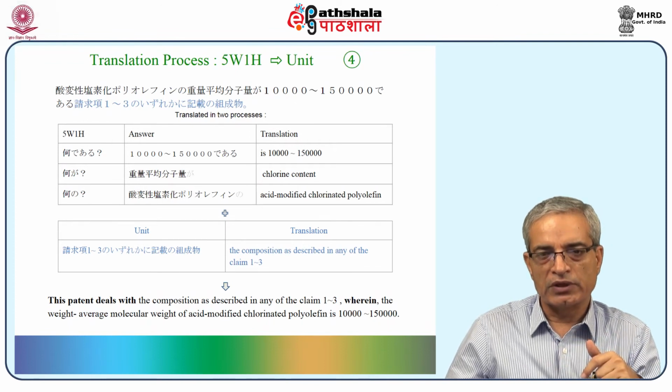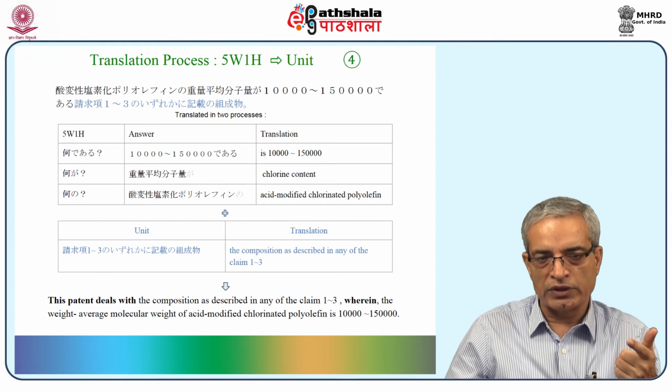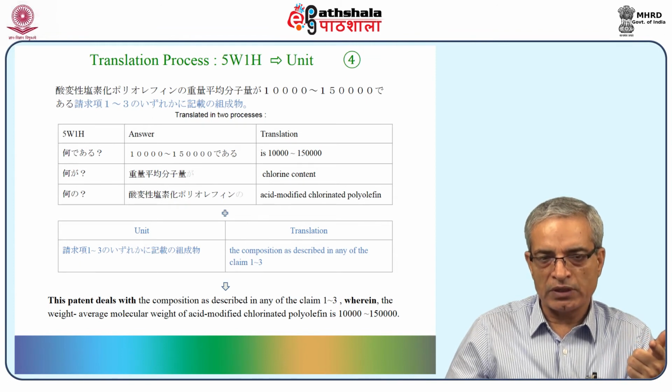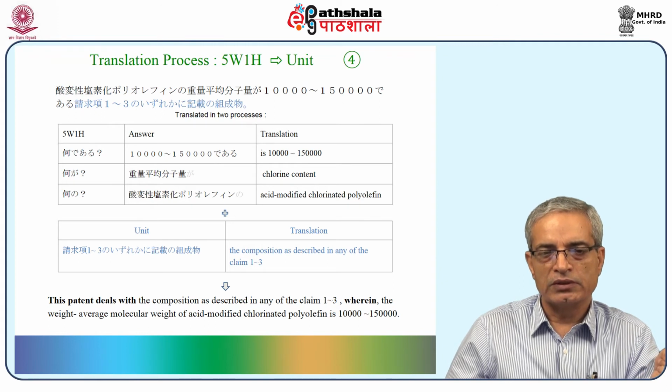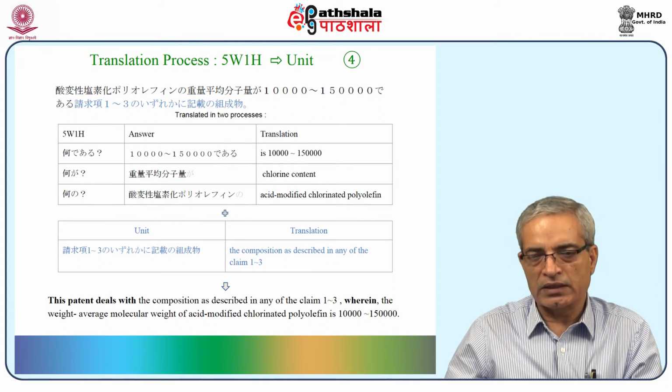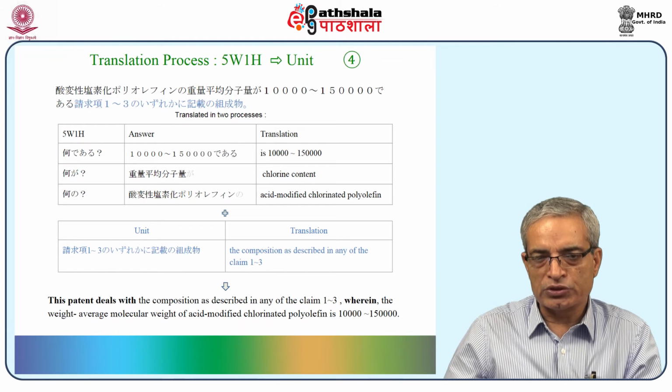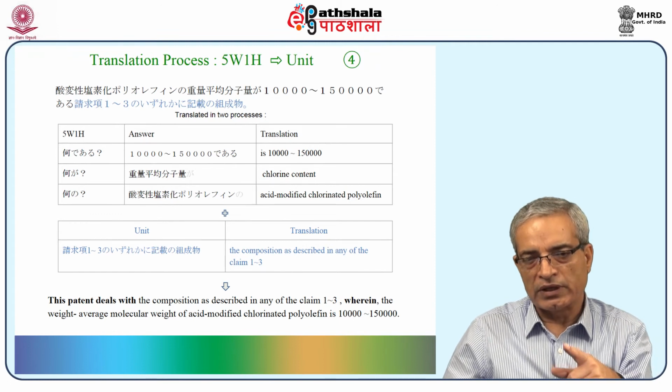Okay, let's try to join. Let's go for the unit, and the unit is almost the same. "Seikyu ko ichi naishi san no izure ka ni kisai no sousebutsu", and that gets translated as the composition as described in any of the claims 1 to 3. So "claims" is missing an S here.